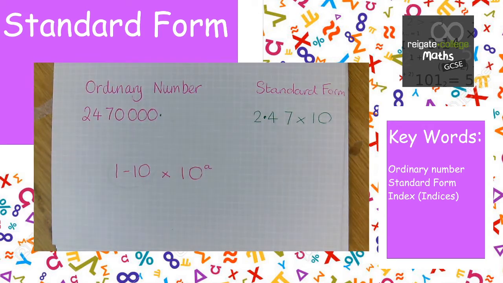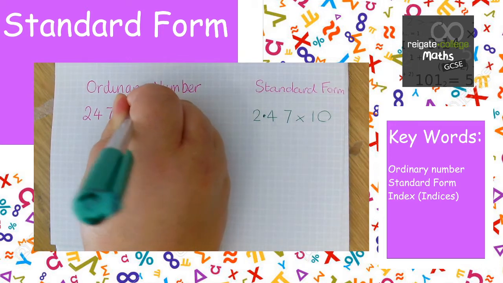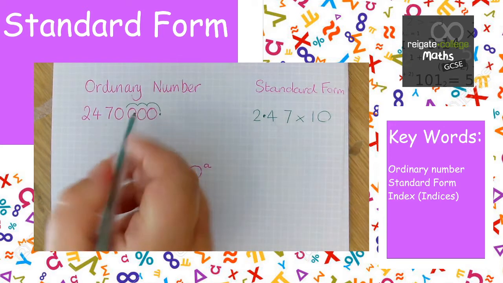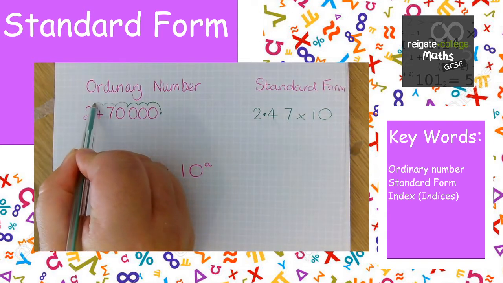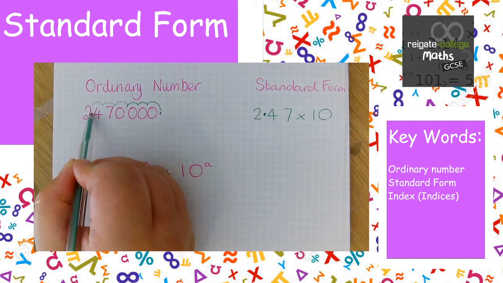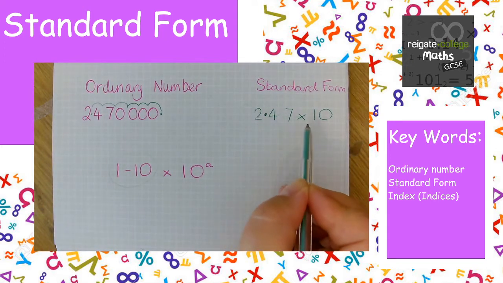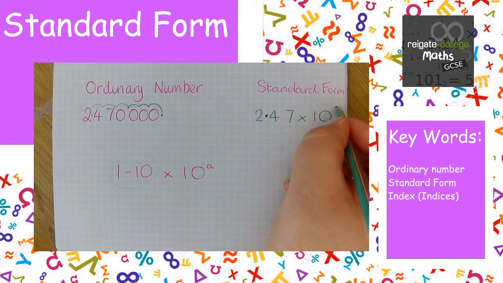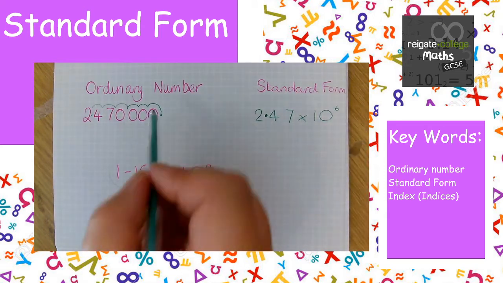My decimal point starts at the end of the number, and I'm going to count the jumps. 1, 2, 3, 4, 5, 6 jumps to move it to its place between the 2 and the 4. That means I'm going to multiply my 10 to the power of 6.